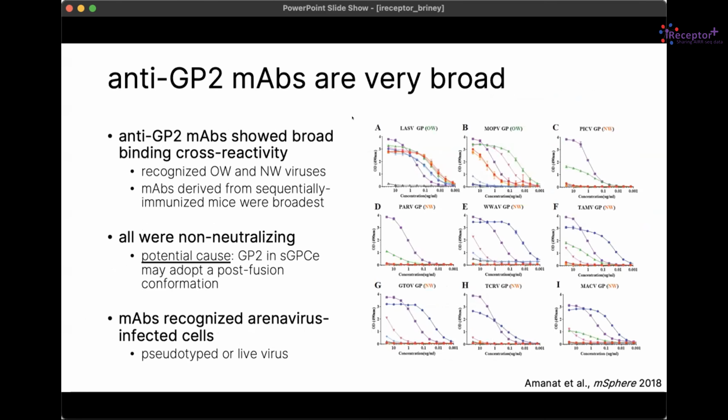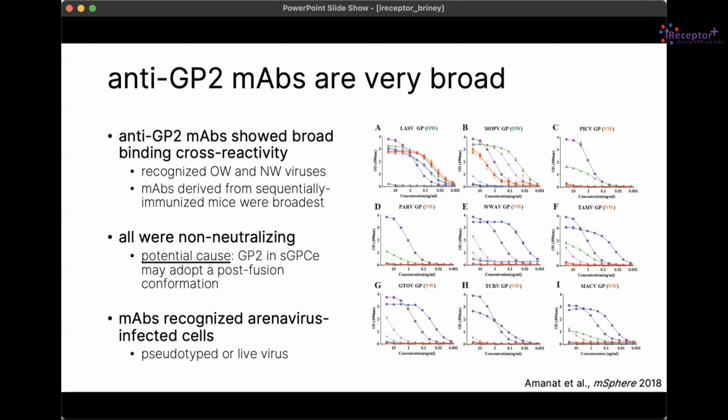All of the GP2 antibodies, for the most part, were fairly broad. These are not Lassa lineages; we're showing different arenaviruses. The ones with an OW in green are old world, and the ones in orange are new world. So it does appear that you can develop antibodies that are broad across both old world and new world arenaviruses fairly readily, as long as they target the GP2 region.